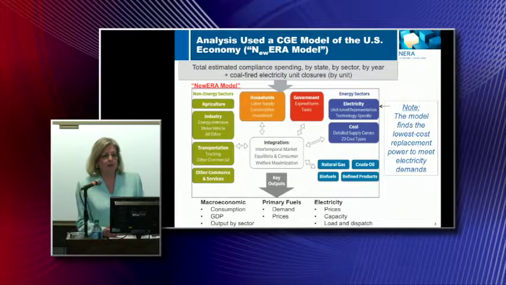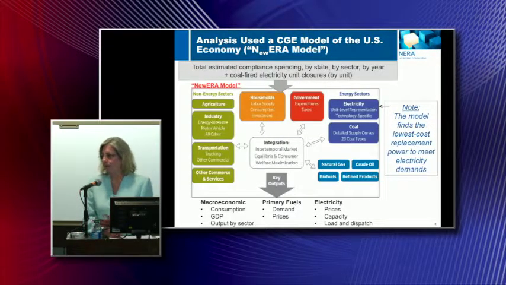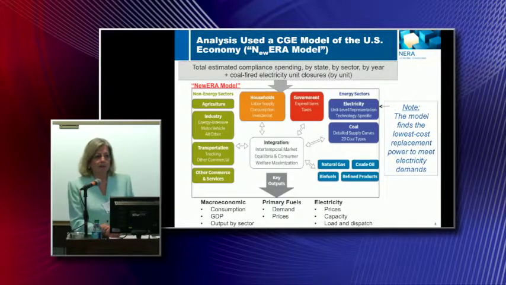So the lights don't go out, reliability is preserved in a long-run equilibrium sense of the word, meaning we meet all the reserve requirements. If new capacity needs to be built, it is built in the model, and the model chooses the least cost form of new capacity. But the model also considers whether it has existing capacity in place that is underutilized at the present moment and could serve those additional needs.